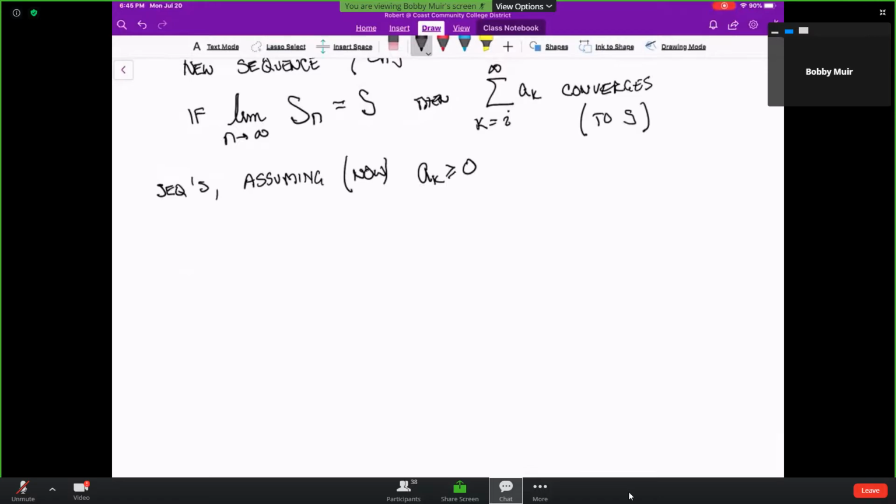A result that we have, and this goes all the way back to pre-calculus, and even intermediate algebra for some of you: if we add up from 0 to infinity x to the k, it ends up having a closed form, provided that the absolute value of x is less than 1.